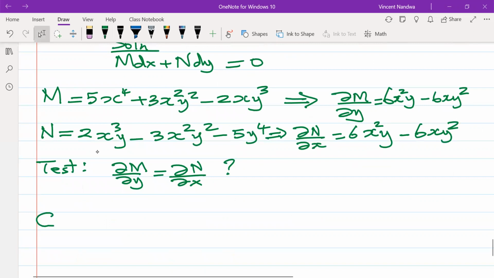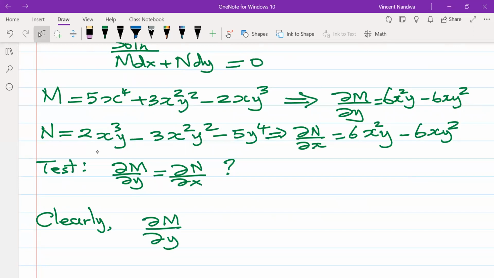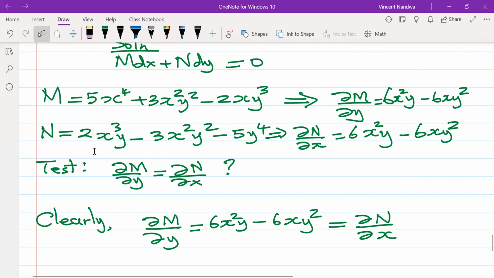Now clearly, partial M partial y, which is 6x^2y - 6xy^2, is exactly the same as partial N partial x.